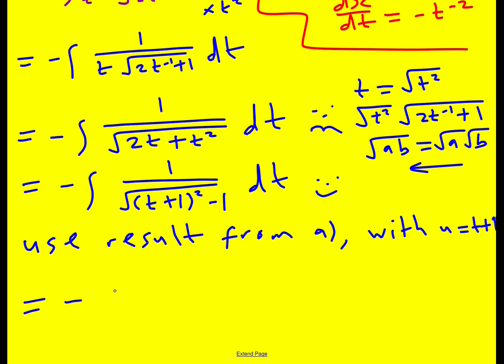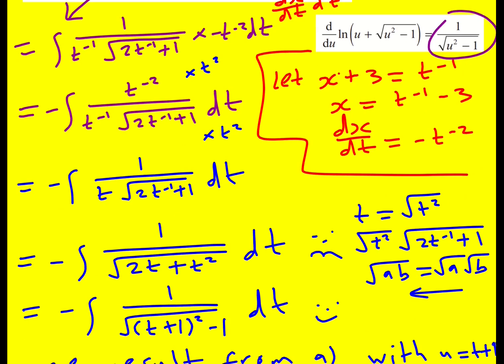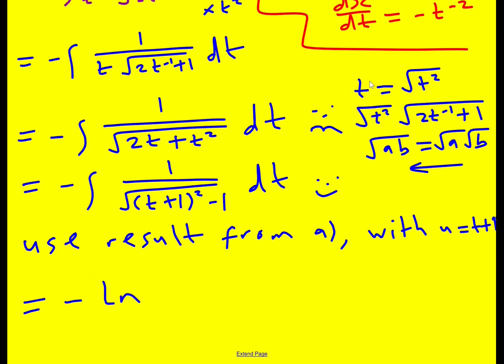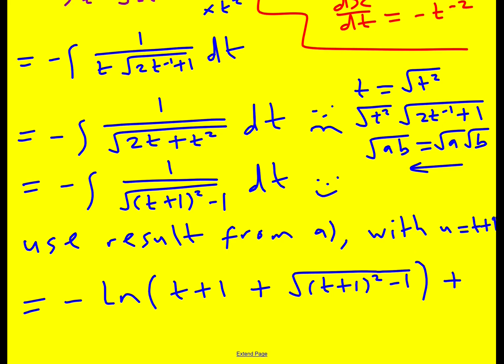So I've still got that minus, and then it's going to be ln, and all I do is replace all my u's by t plus 1. So it's going to be ln t plus 1, and then plus root, remember it was u squared rather, so it's t plus 1 squared minus 1. Sorry, that's within the root as well, and I'm adding c.